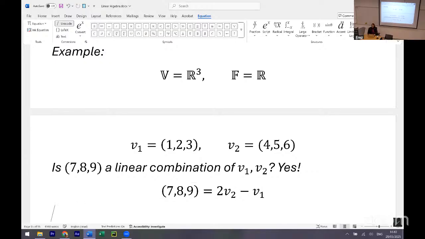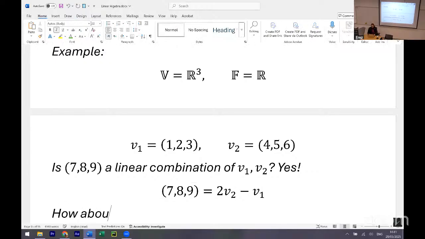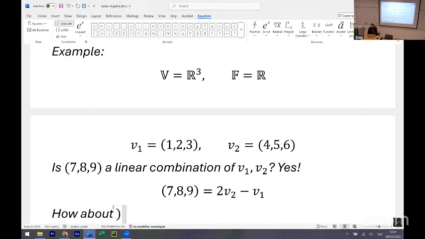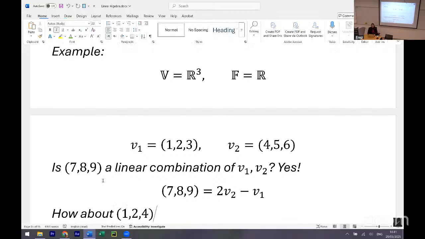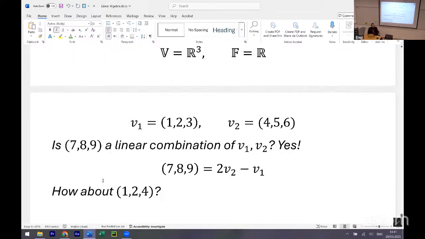Agreed? How about (1, 2, 4)? Is that a linear combination of (1, 2, 3) and (4, 5, 6)?